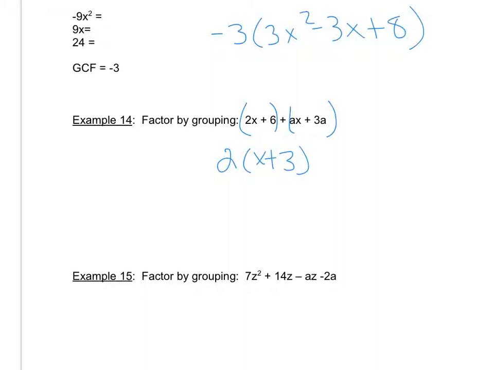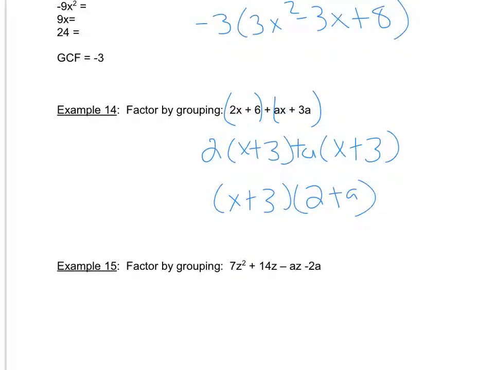Factor out the a, you have x plus 3 again. So you have x plus 3. What are you left with? 2 plus a. Because you factor out these.